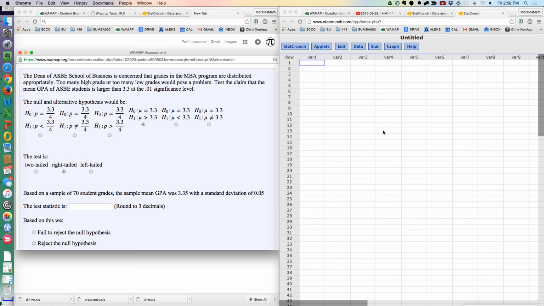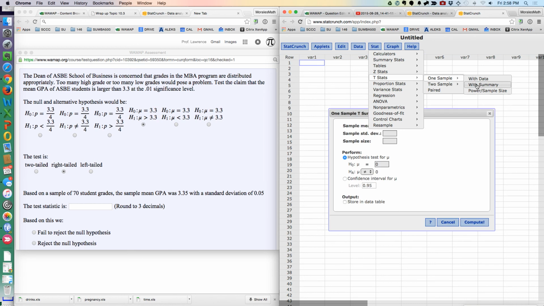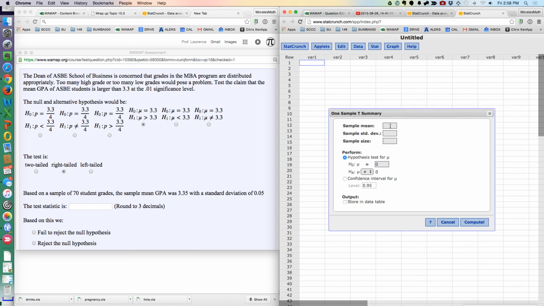So when we come over here to StatCrunch, in our stat menu, instead of using z-stats, because we don't know the population standard deviation, we use t-stats. We have one sample, we have a summary of the data rather than the data itself. The sample mean is 3.35.